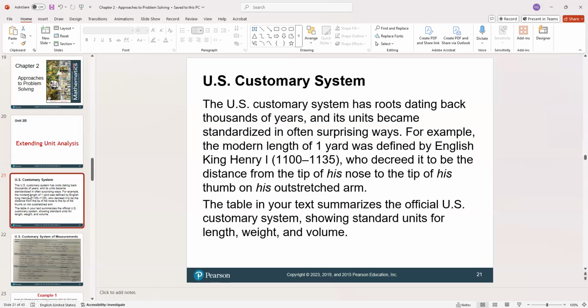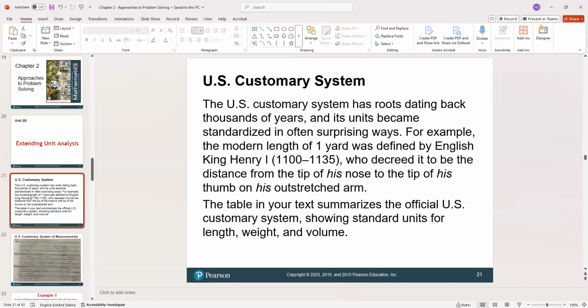The US customary system has roots dating back thousands of years, and its units became standardized in often surprising ways.